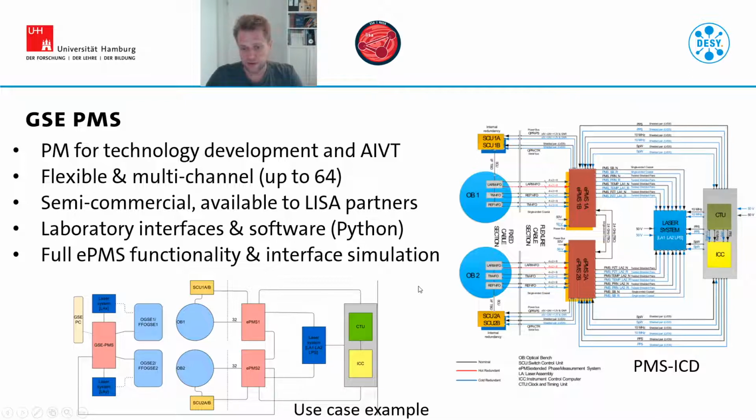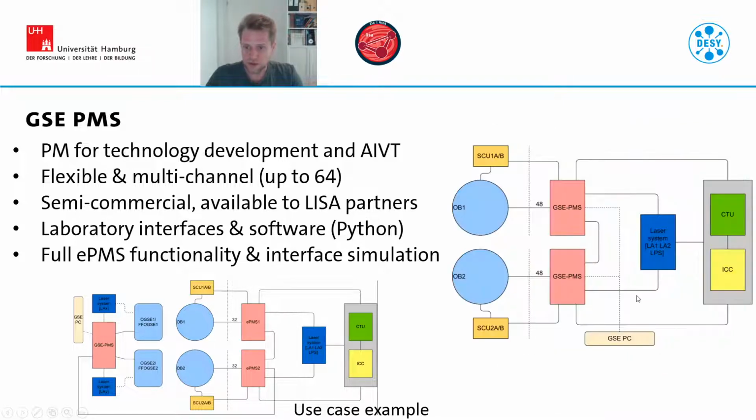Or alternatively, since we want to fully simulate all of the interfaces you see here, you could also replace the EPMSs in any test with the GSE PMS or even two of those. And these are just some example use cases. There are a number more you could imagine, just to give you a taste of what we want to actually build and achieve with this system.